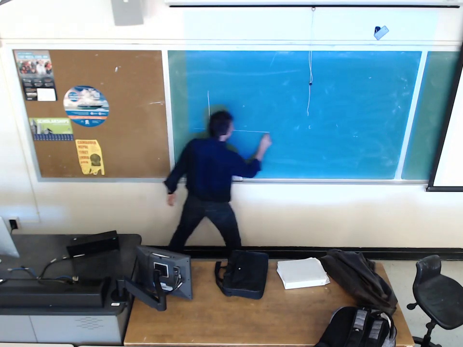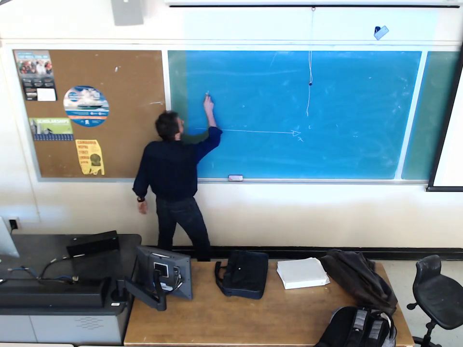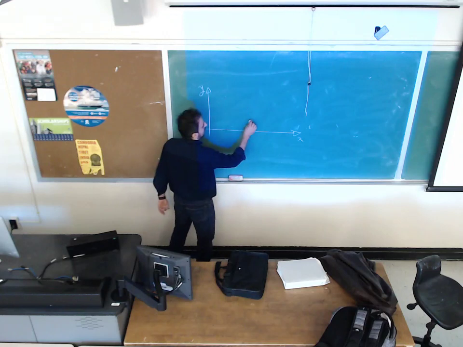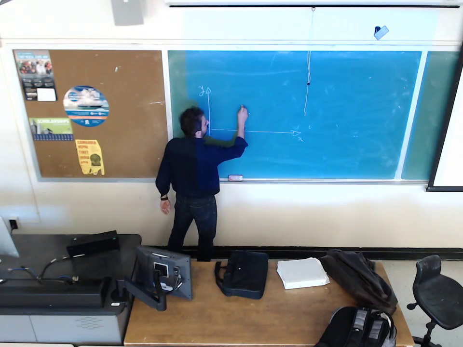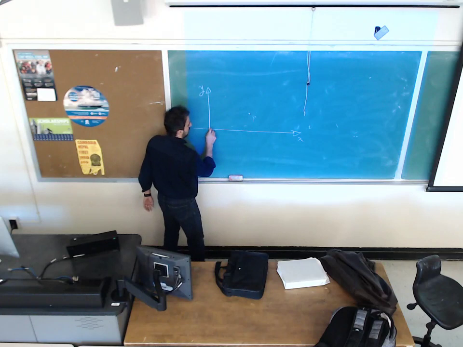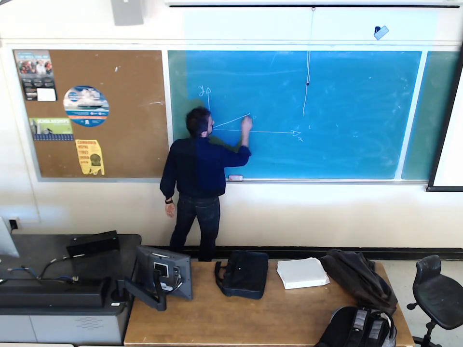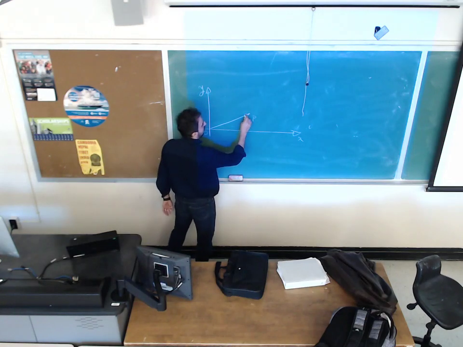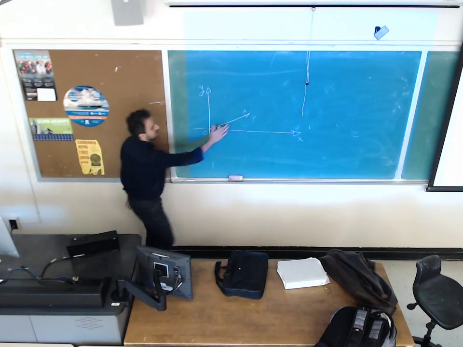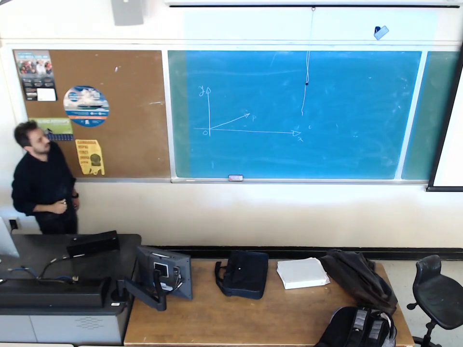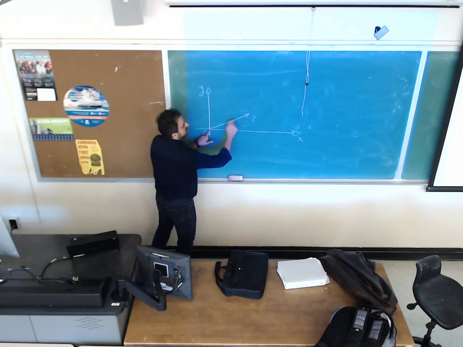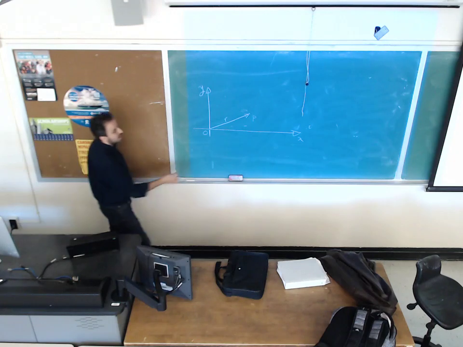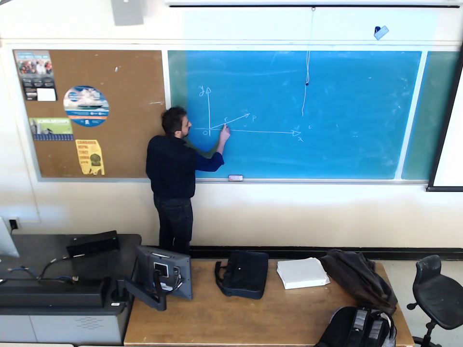Suppose we have x and y axis, and point P is somewhere here. I connect point P to the origin, OP. This distance is r, so the distance of point P from the origin is called r. And this angle is theta.